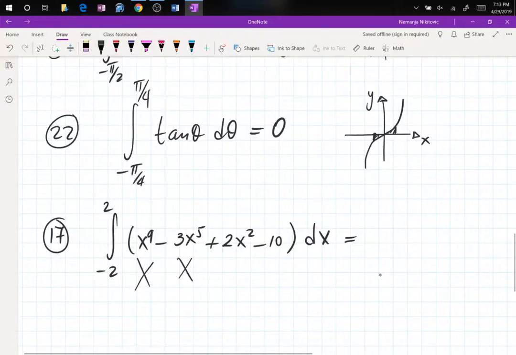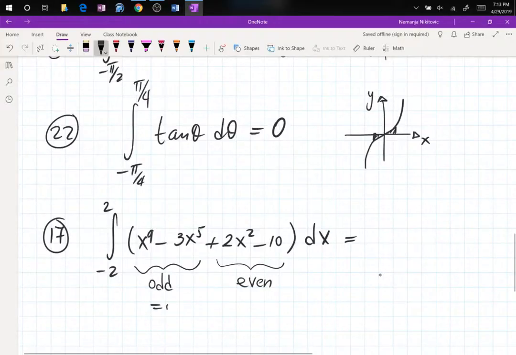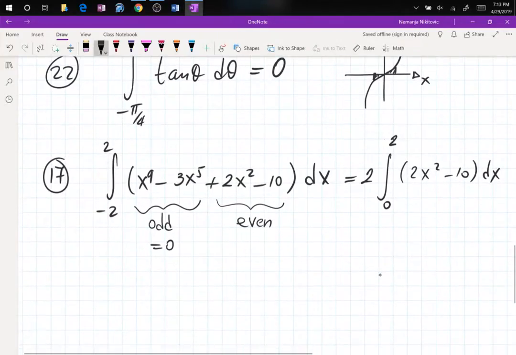So technically, the entire problem now is just this, but these are odd and these are even. So odd is equal to 0, so we can throw them away. And even ones, we know that we don't have to compute from negative 2; we can compute from 0 to 2, and we only focus on 2x squared minus 10 dx. The rest is not important.